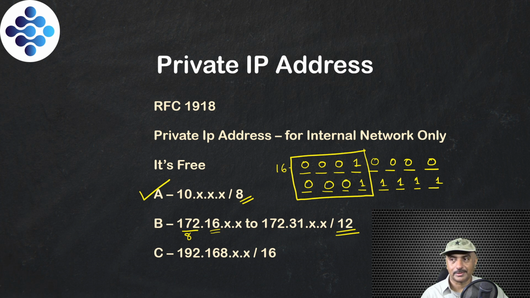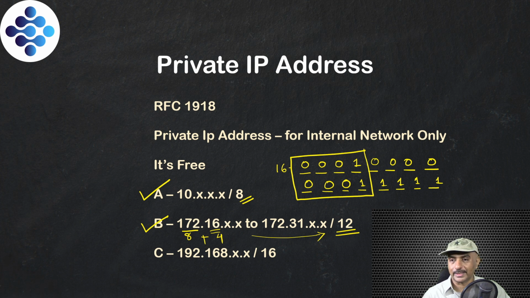They are constant, they are the same. So that's why 4 bits over here. So 8 plus 4, that is 12. That's the reason it is 12. These are the number of bits which are fixed. They will not change. So that is the meaning of /8 and /12.